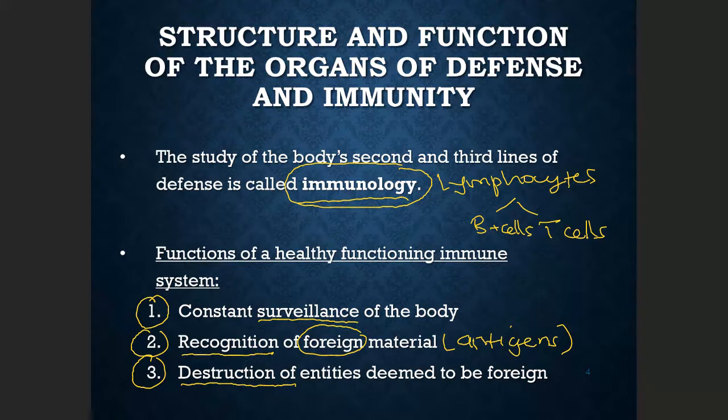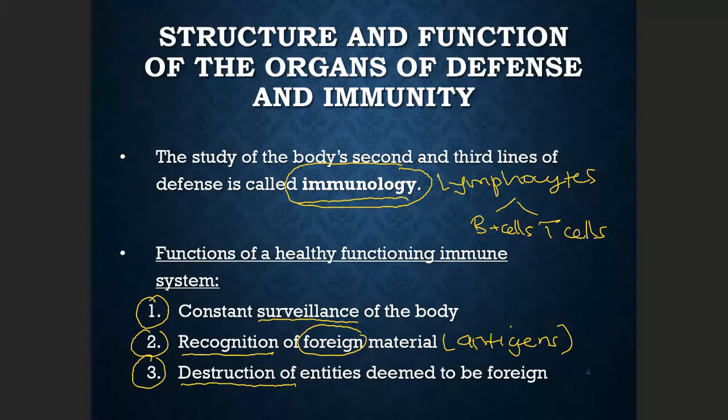When the antigen is destroyed, we keep our body healthy. But if we are unable to destroy that antigen, then we have the disease. So sometimes we have to take drugs from outside, like antibiotics, to help our immune system fight against these stubborn antigens, like maybe bacteria or viruses.